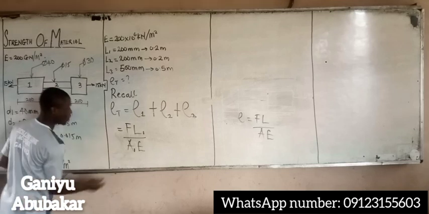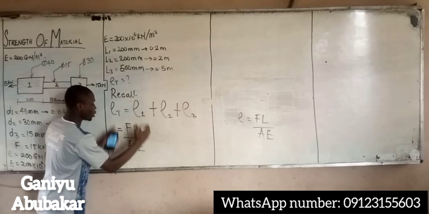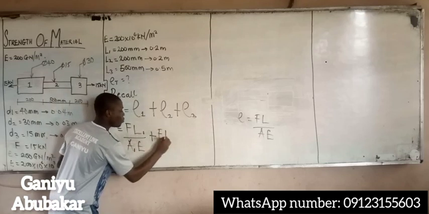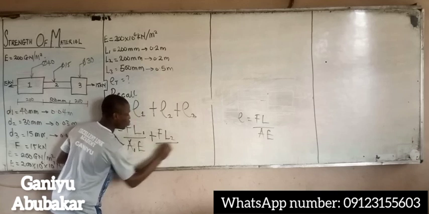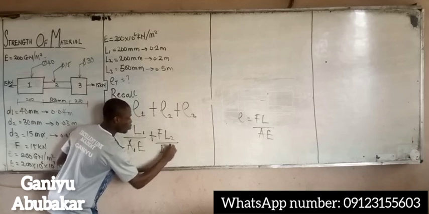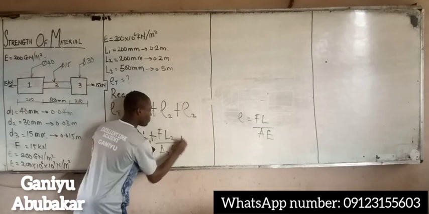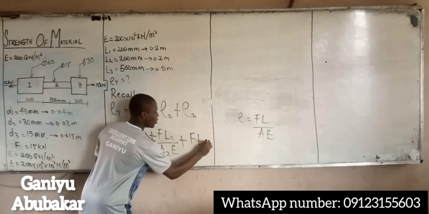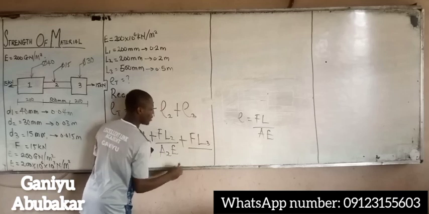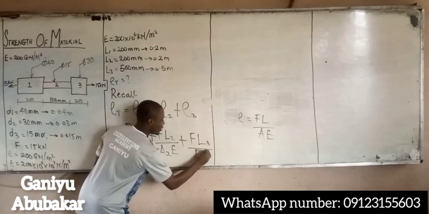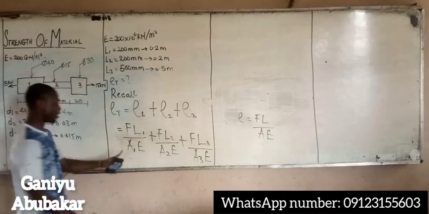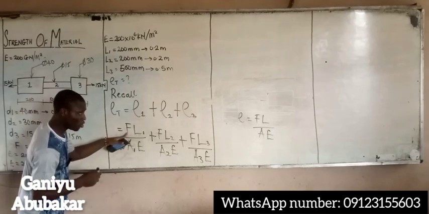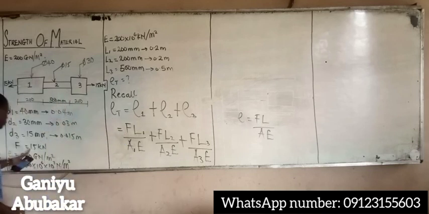So for elongation at section 1, plus at section 2, I'll have FL2 over A2E, plus at section 3, I'll have FL3 over A3E. I have all this in this format. Hence, I need to know the force. I know my force, which is 15 kilonewton.